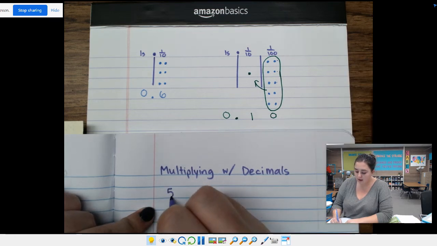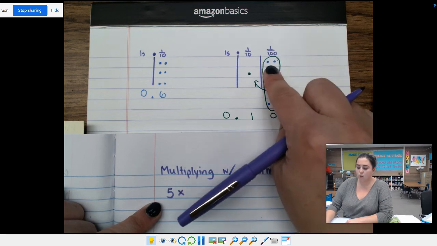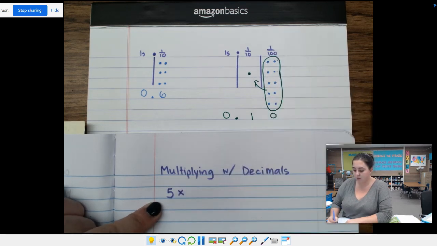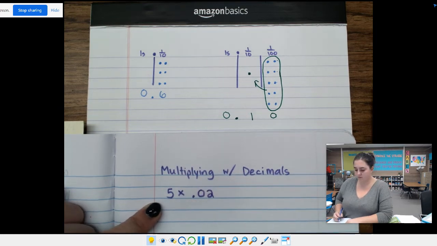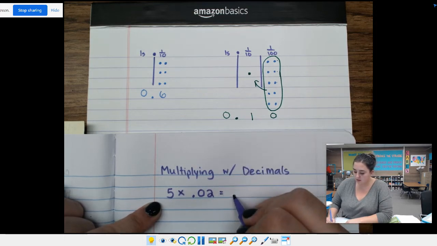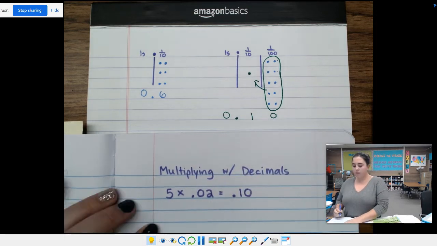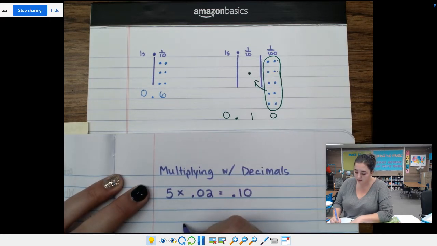So we did 5 times, and one of those groups was 2 in the hundredths place. So 2 hundredths. And our answer was 10 hundredths. I'm going to recreate this underneath. So I'm going to draw 2 lines. And the decimal is going to go above this line.